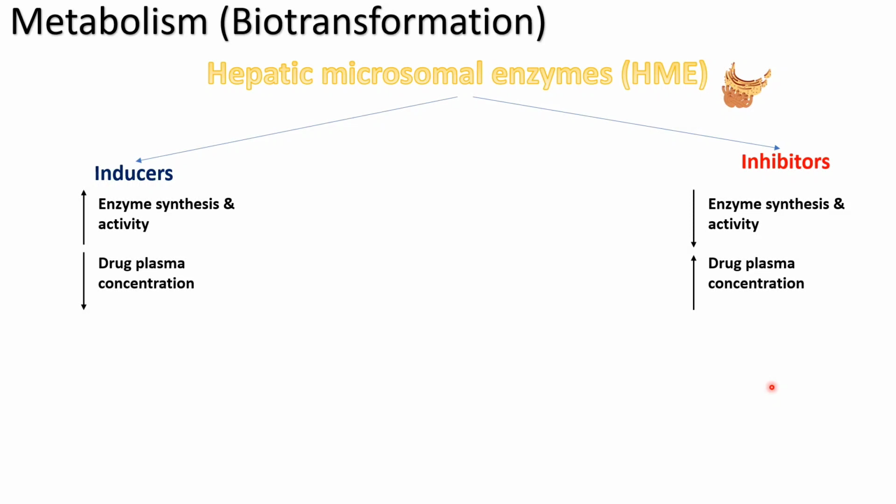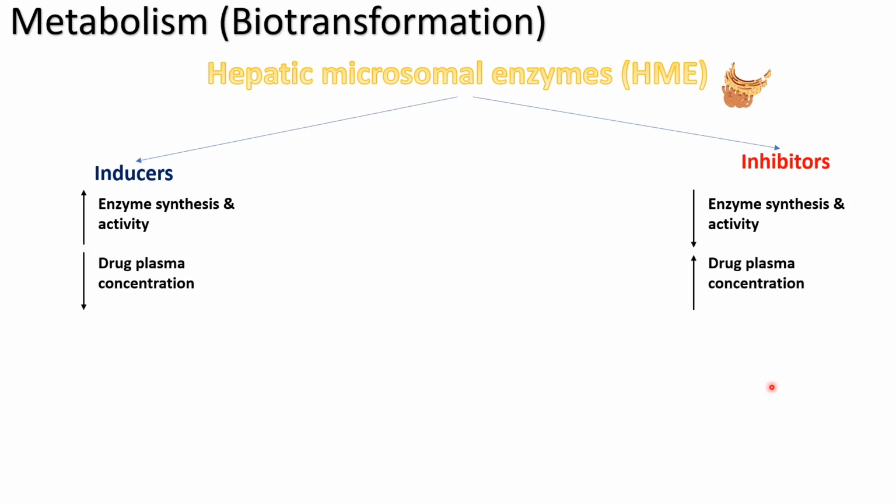These inducers and inhibitors of the enzymes could be drugs. So we can find a drug that is an inducer for an enzyme that metabolizes another drug, and another drug that is an inhibitor of this same enzyme.